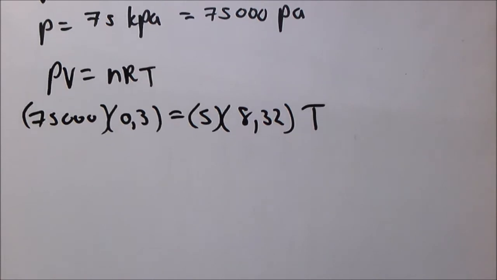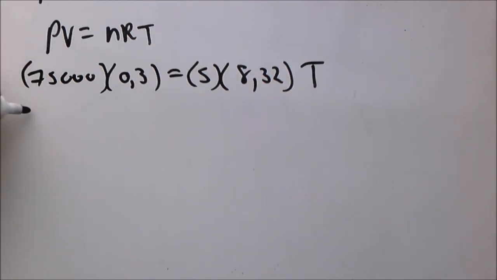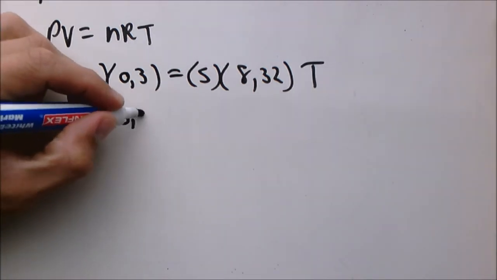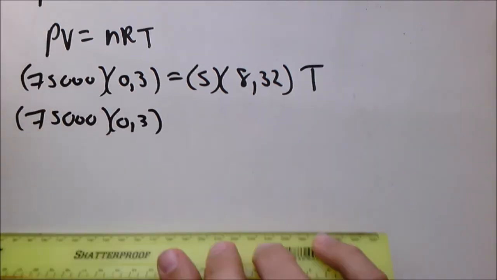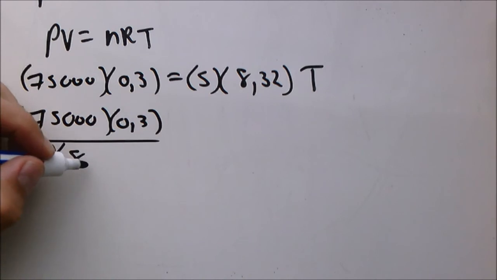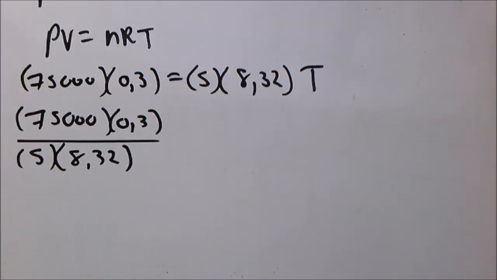Again, I'm just showing you this step for the sake of our calculation. 75,000 times 0.3 divided by 5 and 8,32. And now let's do our calculation. Let's see what's the answer.